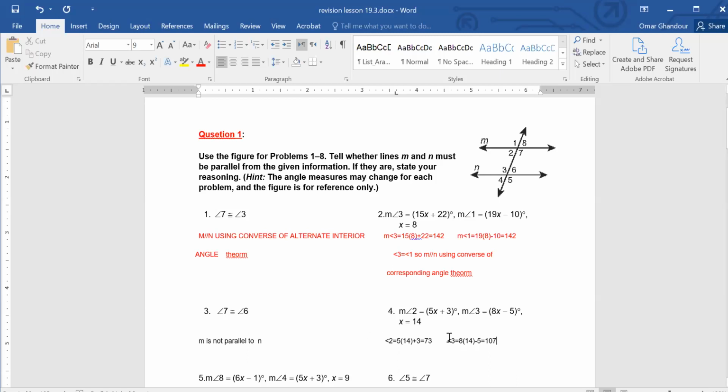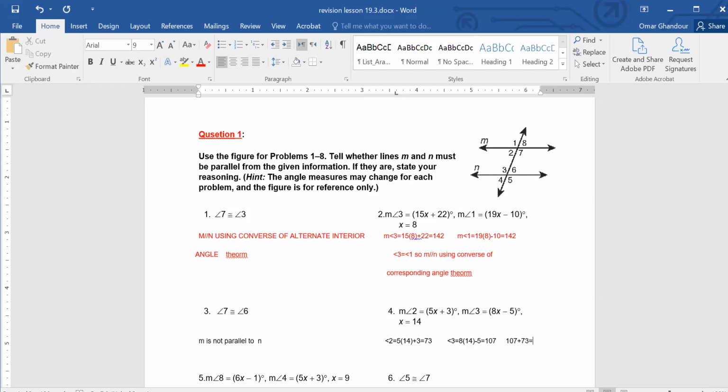It's very obvious they are not equal. But let's check angle 2 and angle 3. They form what together? They are just like 7 and 6, so they form same side interior angles. Same side interior angles should be what? Should be supplementary, right? Let's check. 107 plus 73.